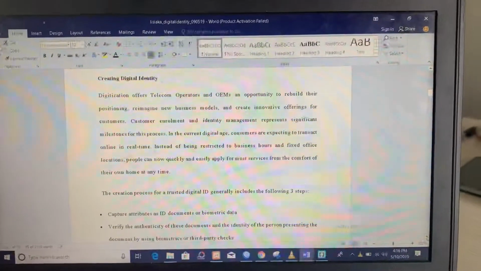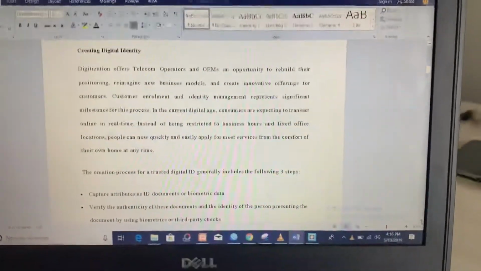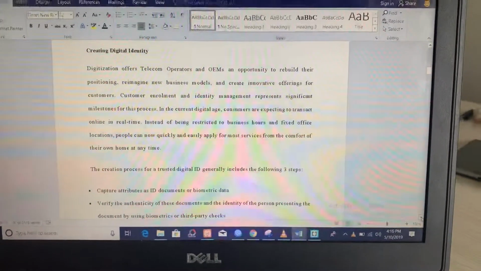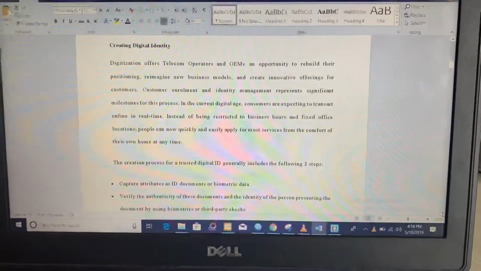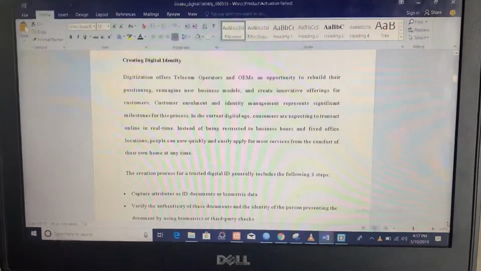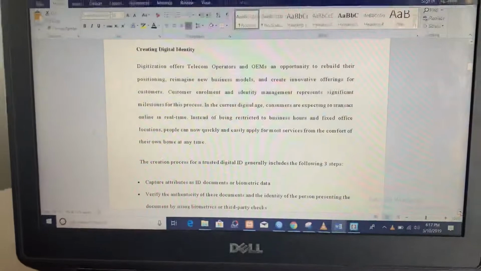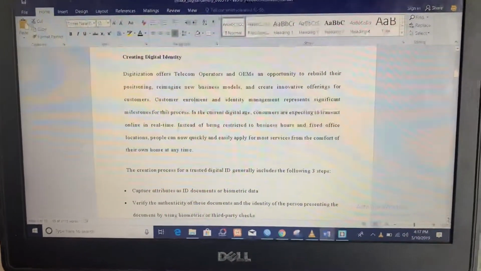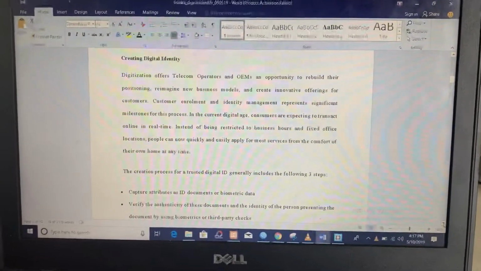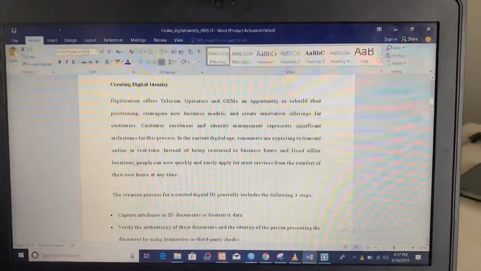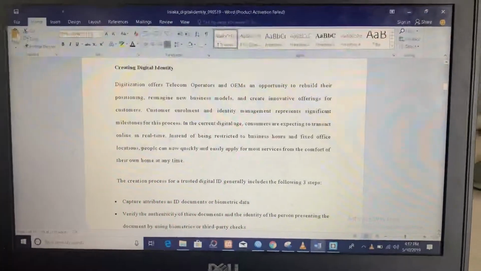The first step involves capturing the attributes of the customers in 3 or 4 different ways. The first can be using normal documents, matching the documents against what is on the database.